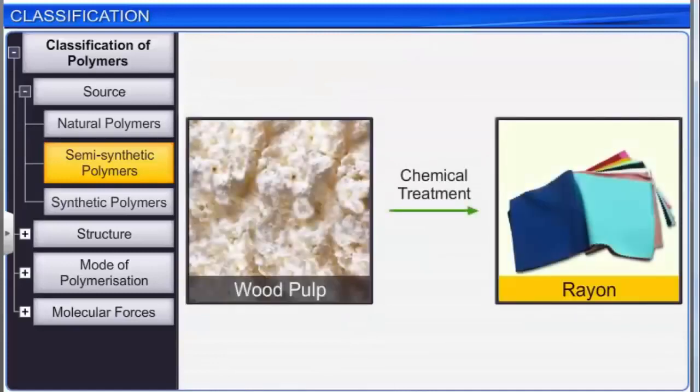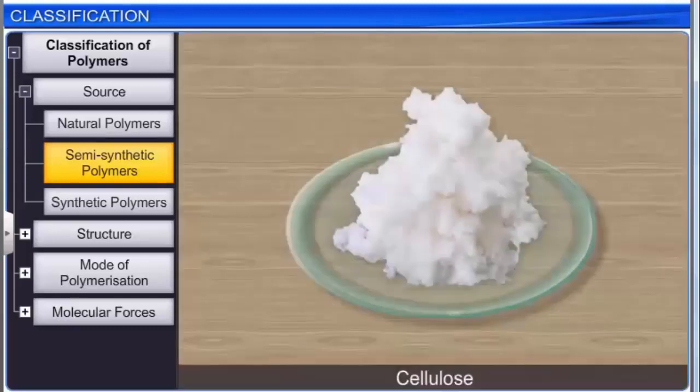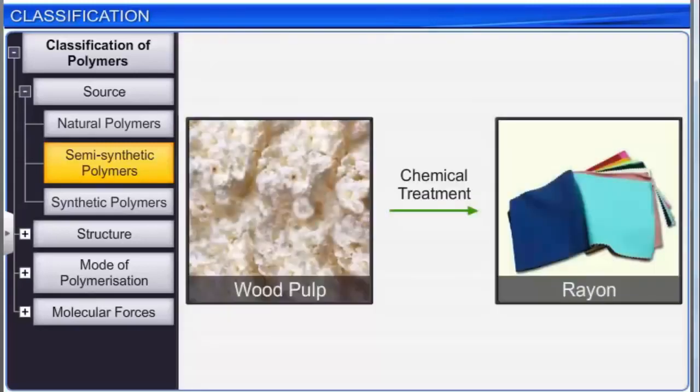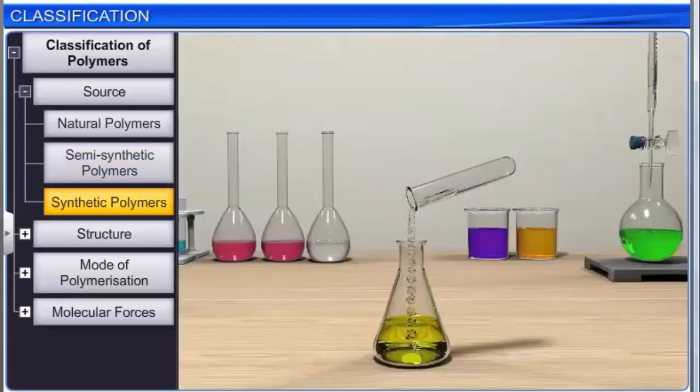Note that rayon, obtained by the chemical treatment of wood pulp, which contains a natural polymer, cellulose, resembles silk in appearance. Hence, it is also referred to as artificial silk. Synthetic polymers are prepared in the laboratory.